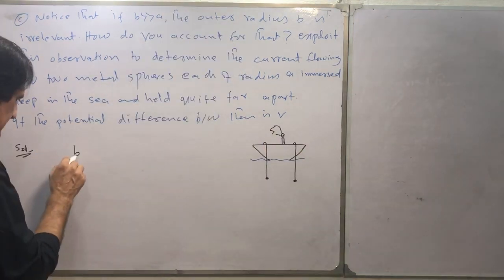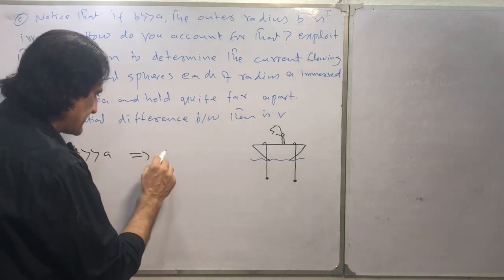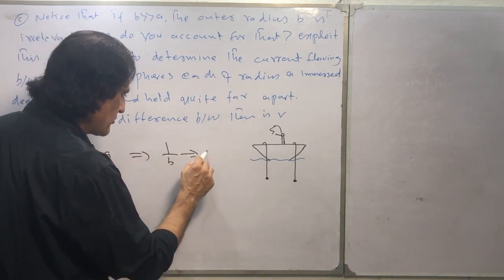The condition is B is very much greater than A, which means that 1 over B goes to 0.